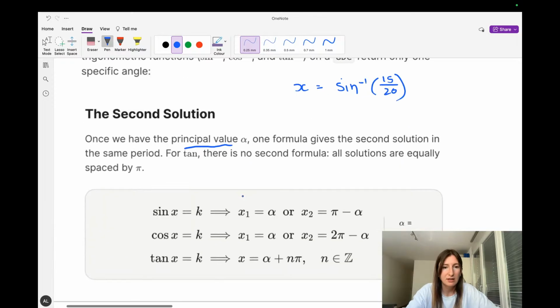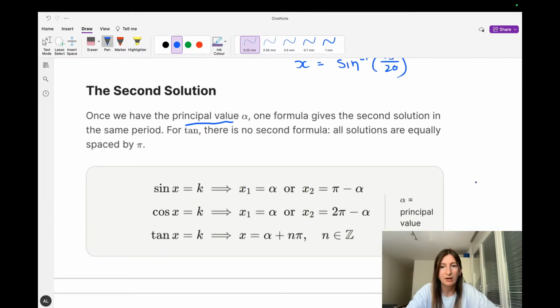So this is something that's quite commonly known, that if you have sine x equaling, let's say like in the previous one, 0.5, you could get one solution that's your A or alpha, your principal value, and then to get your next value, you do pi minus that principal value, or the same for cos.